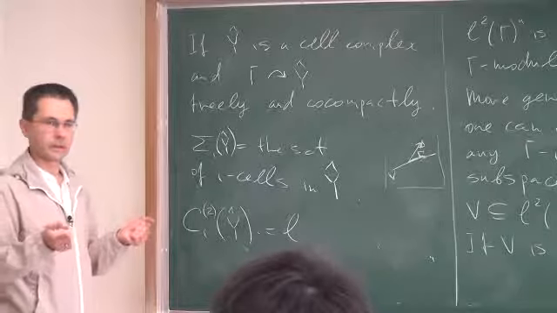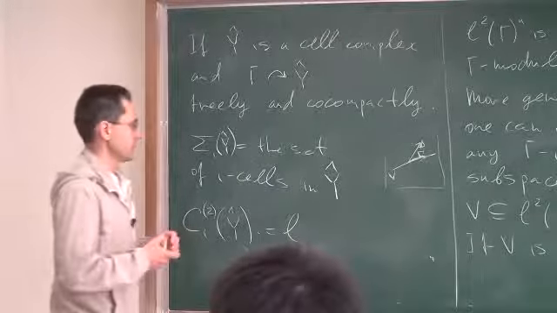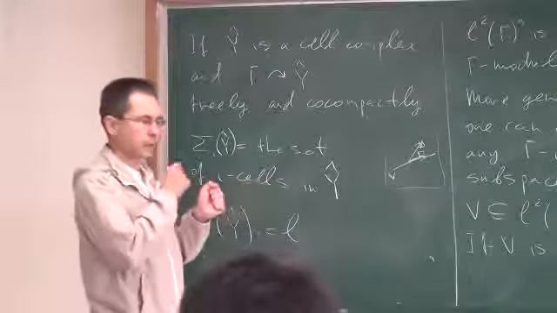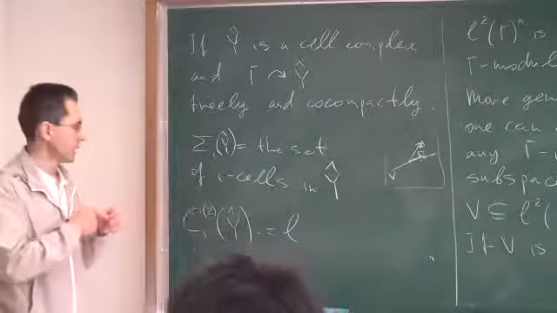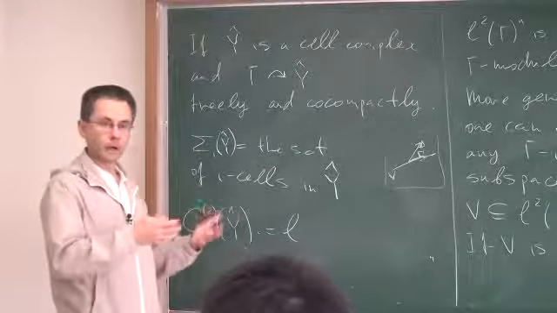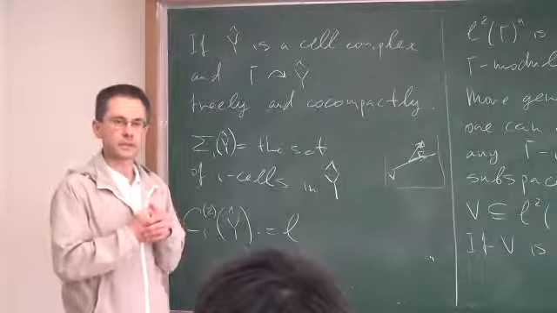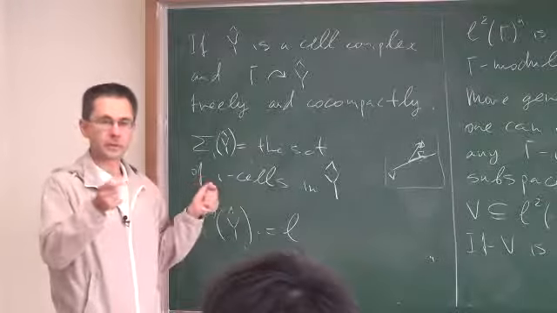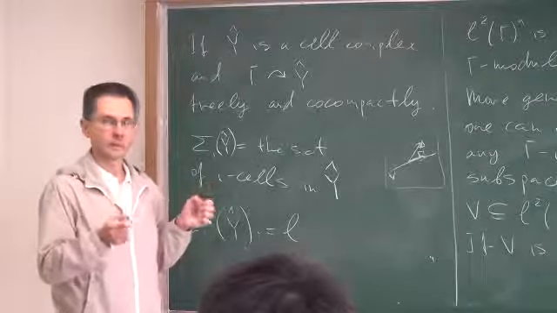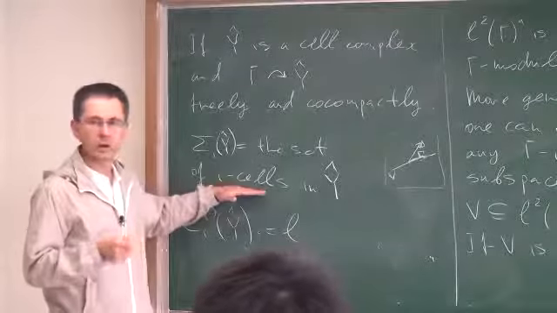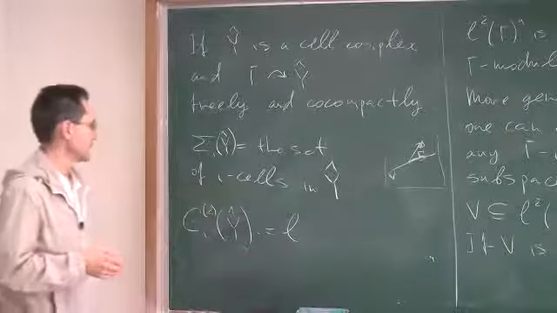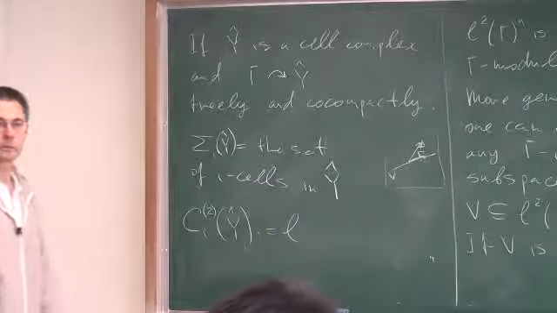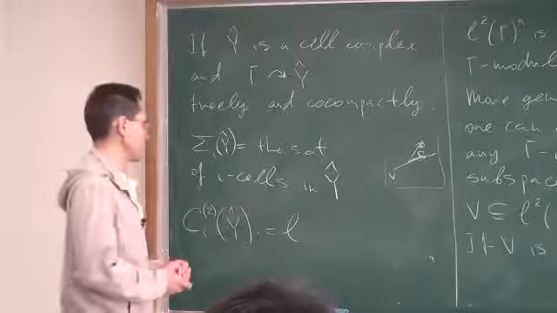A chain is a linear combination of I-dimensional cells. And since it's a linear combination, we require that there are only finitely many terms. So when I said functions from I-dimensional cells to complex numbers, I require that the function has finite support, so there are only finitely many cells on which the function is non-zero. So linear combinations correspond to functions like this. It's a one-to-one correspondence, an equivalent way of describing chains.